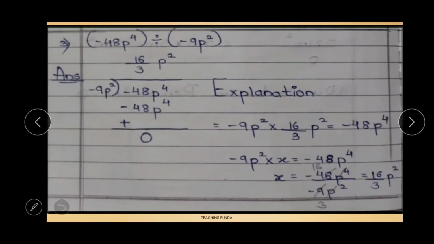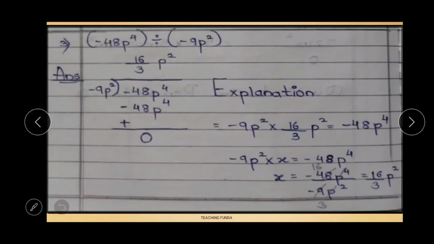Next sum. Minus 48p raised to 4 divided by minus 9p square. Now here write the explanation. First write down in this way on the left hand side and in the right hand side write the explanation. Minus 9p square into what number will give you minus 48p raised to 4?